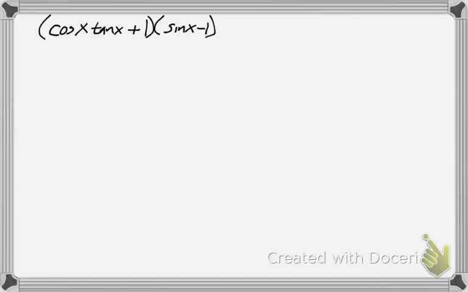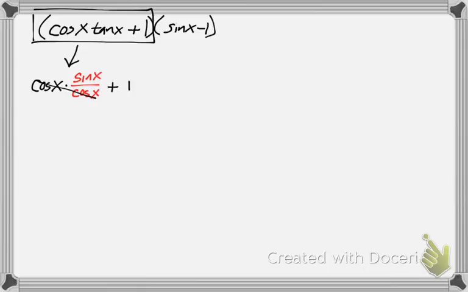Now, this looks super complicated. I don't want to distribute this unless I look to see if I can simplify first, because distributing would create a long expression with a greater possibility of making mistakes. So I'm just going to look at this little section here. I can rewrite tangent, so this is cosine x times sine over cosine, plus 1.